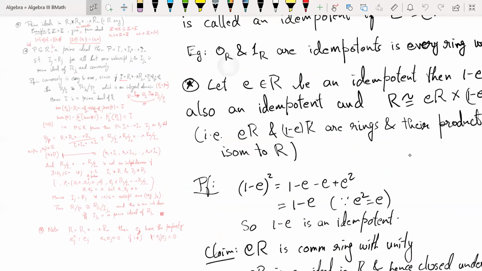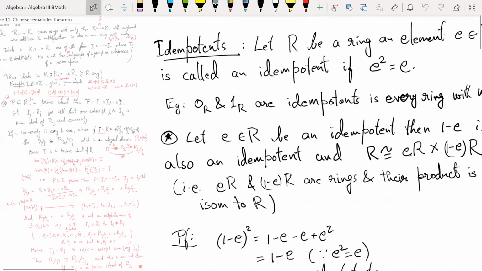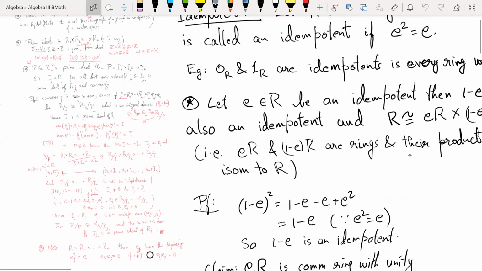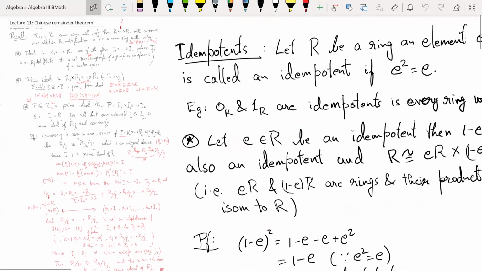Okay, so these are special elements, and somehow identifying these elements helps us get this decomposition of R as a product. We'll see that. These are called idempotents. So let me just define. This is the characterizing property of an idempotent: Ej square equals Ej. Okay.